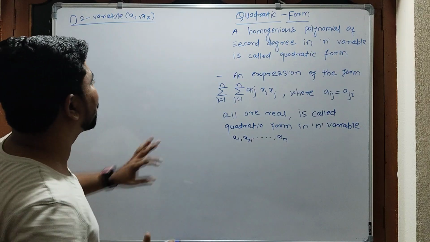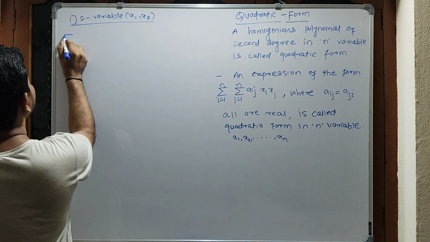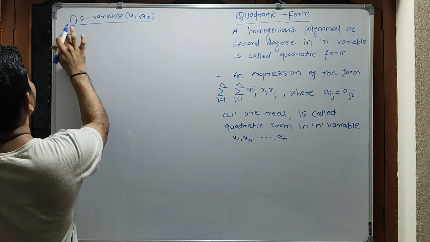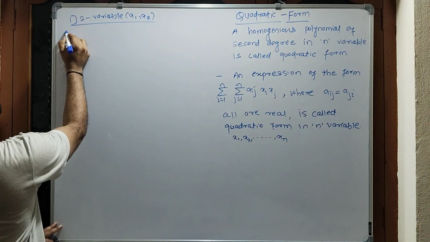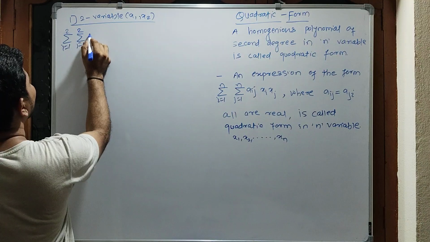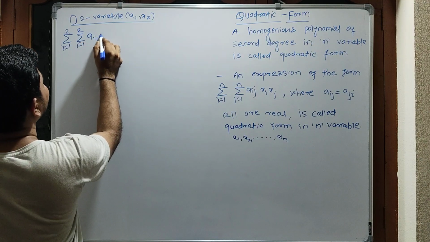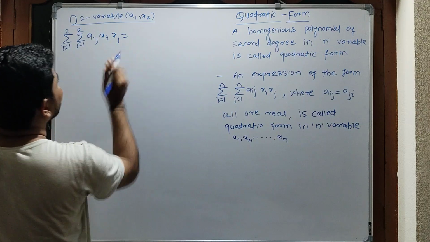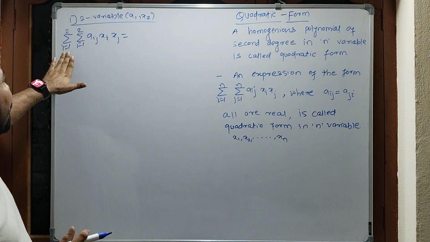Now I want to write this expression. This is the same as summation i running from 1 to, here the number of variables is 2, summation j running from 1 to 2, a_ij x_i x_j. So do one thing: first put i equal to 1.